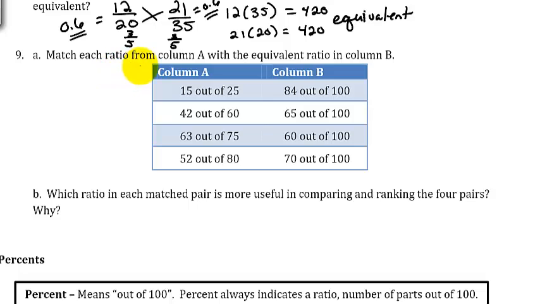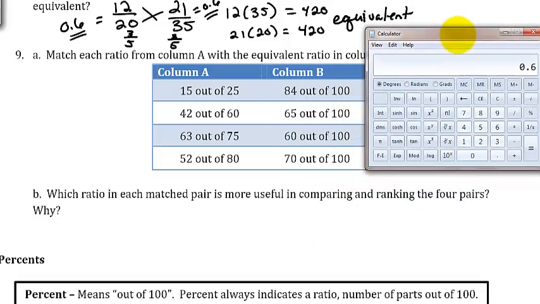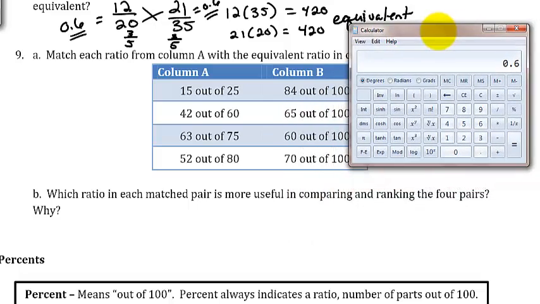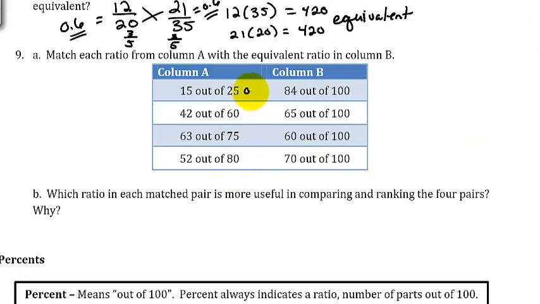Now we want to match each ratio from column A with its equivalent ratio in column B. First we have 15 out of 25, and the easiest way I think to do this would be to write these in decimal form. So 15 divided by 25 gives us 0.6.